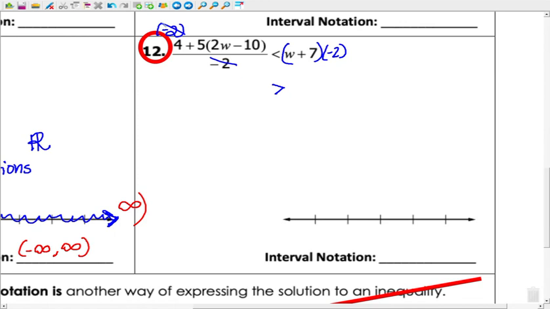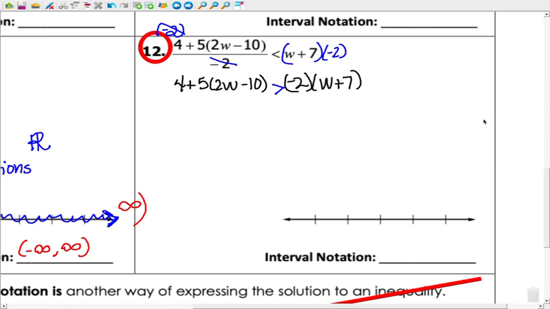And my -2 is gone, so all I have to do is bring down my 4 plus my 5 times 2w minus 10. And on this side, I have a -2 times w plus 7.